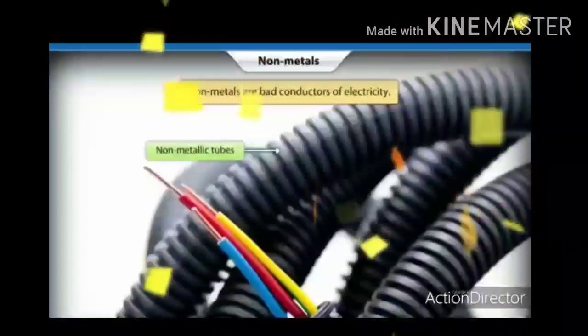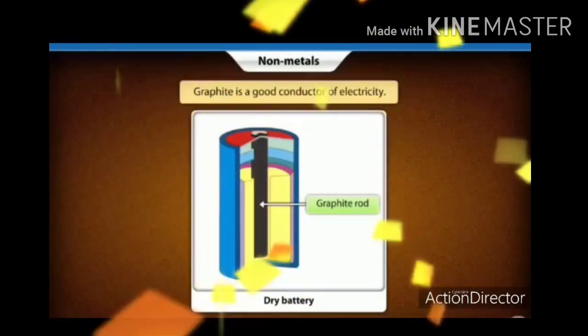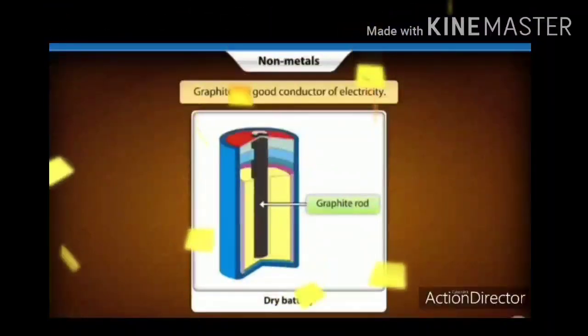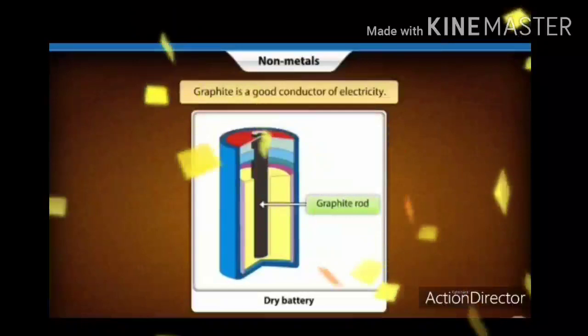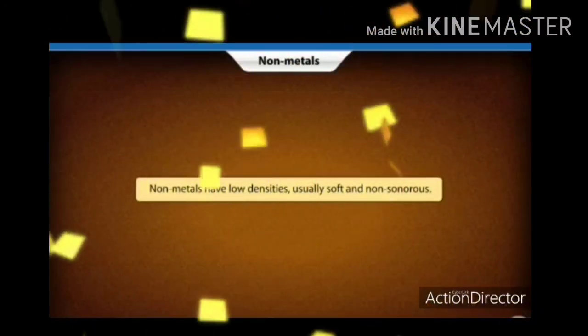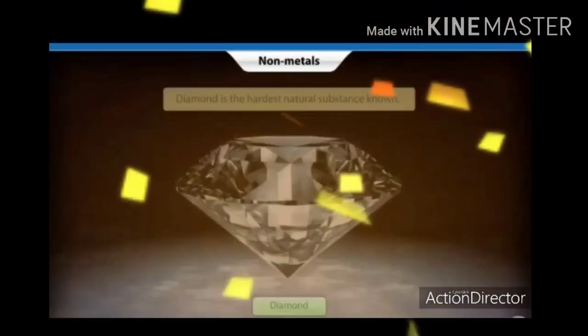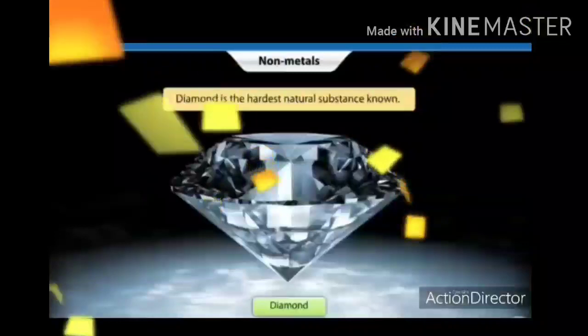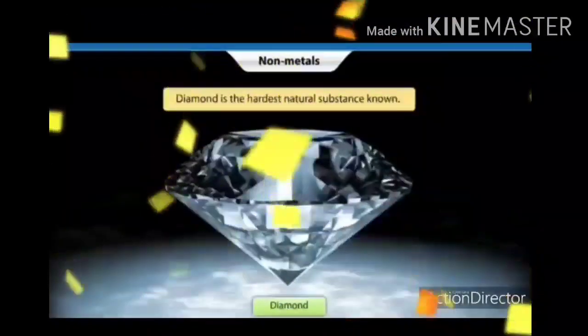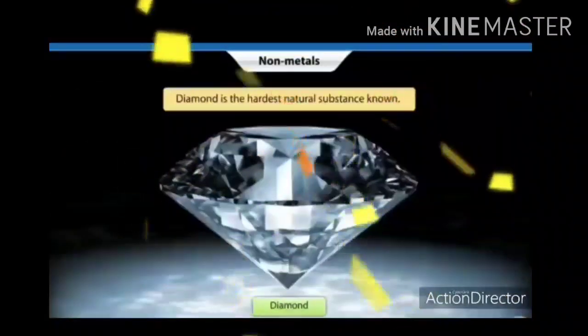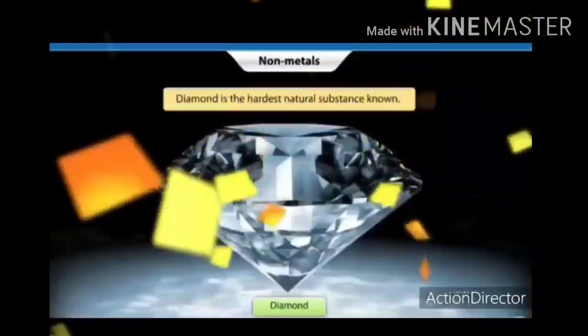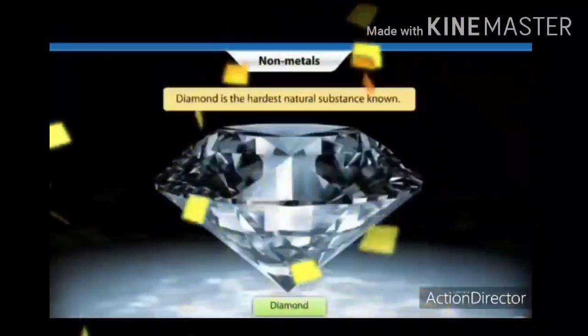An exception is graphite, which is a good conductor of electricity when used in a dry battery. Non-metals have low density, usually they are soft and non-sonorous. However, diamond is the hardest natural substance known, which is made up of carbon, which is again a non-metal.